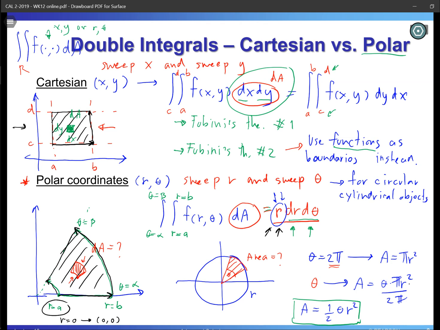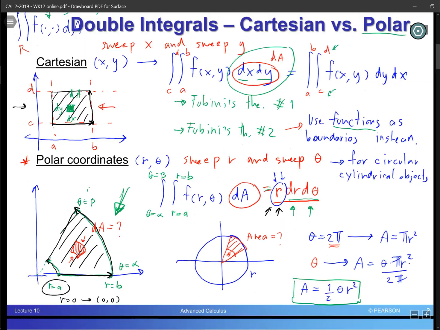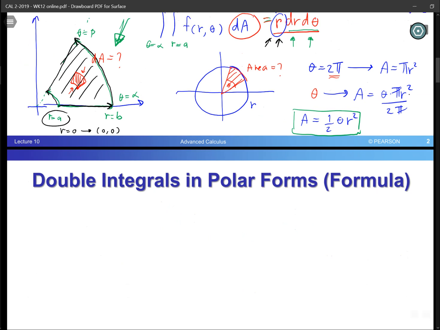So let's use this to find out about this differential area, this thing. Okay, I'm gonna leave it like this so that you can see up here. Okay, we want to find the area of this little piece. So let's say that it looks like this little piece. I magnify it a little bit.